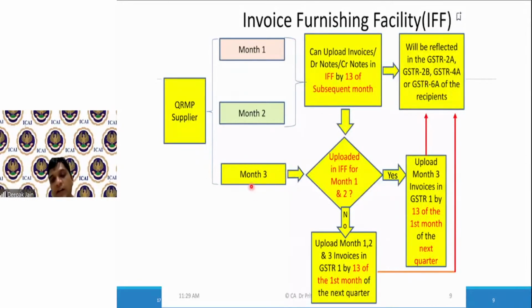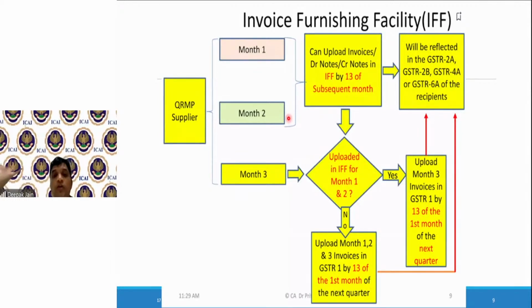And then when the third month comes, have you uploaded the IFF for month 1 and month 2? Yes. Then upload the third month's invoices in GSTR-1 by the 13th of the month of the next quarter. No, you have not furnished month 1 and month 2, because Nagaraj is saying, I don't have any customer like Mayur who is coming and shouting at me that I'm not getting the credit. They are okay if I give it in the third month. So for month 1 and month 2, I will relax. I will do my regular transactions.